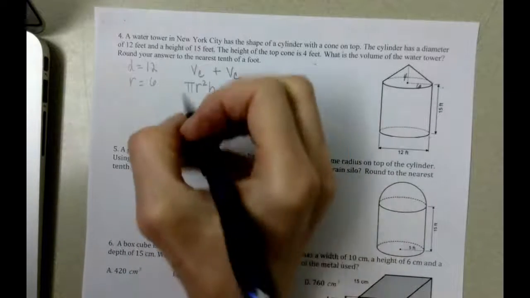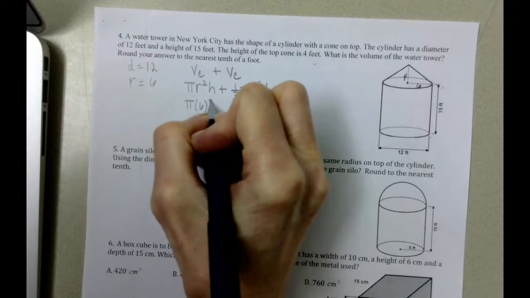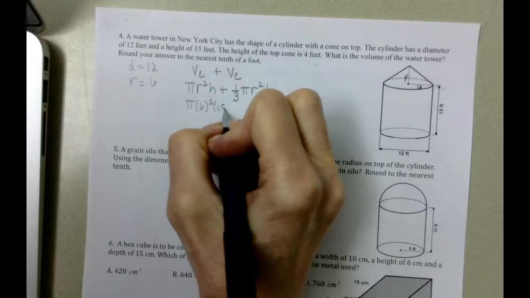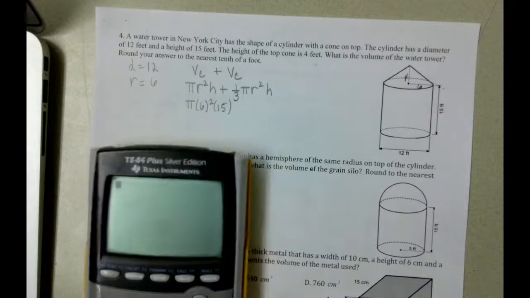We can really even do this problem in one step, although I'm not going to. But if we fill this in, we get pi times 6 squared times the height of our cylinder, which is 15. And if we take our calculator, then we can fill in that value.